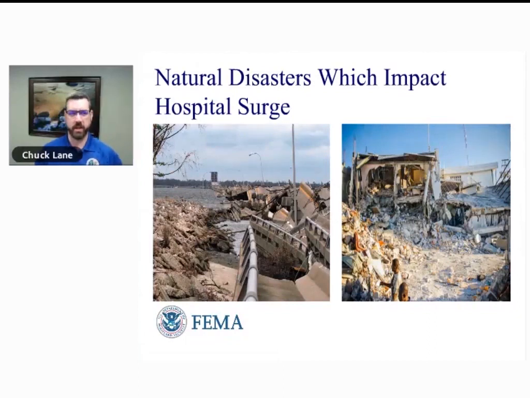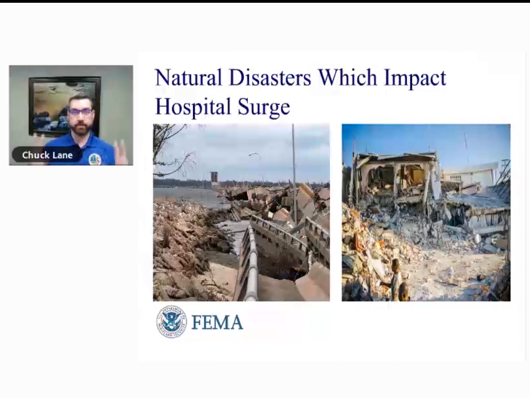So the thing to understand and frame this webinar out when we're talking about natural disasters and hospital surge, we've got two good examples here. I hate to say good examples, but dramatic examples is maybe a better term. The left is Biloxi after Hurricane Katrina, and then on the right is the Haiti earthquake in 2010. So obviously, very complex disasters occurring over large areas, affecting a very large portion of the population.